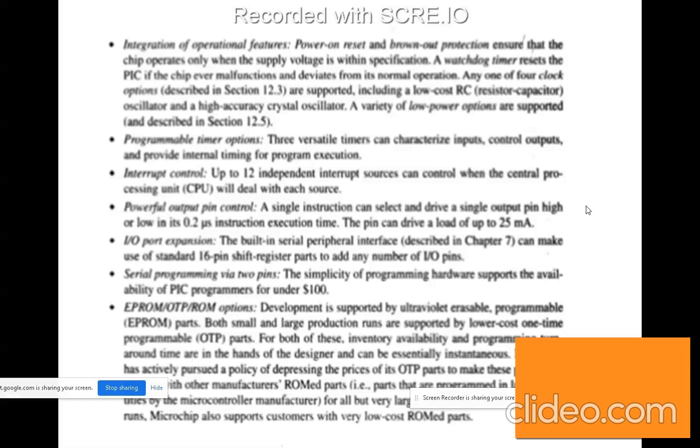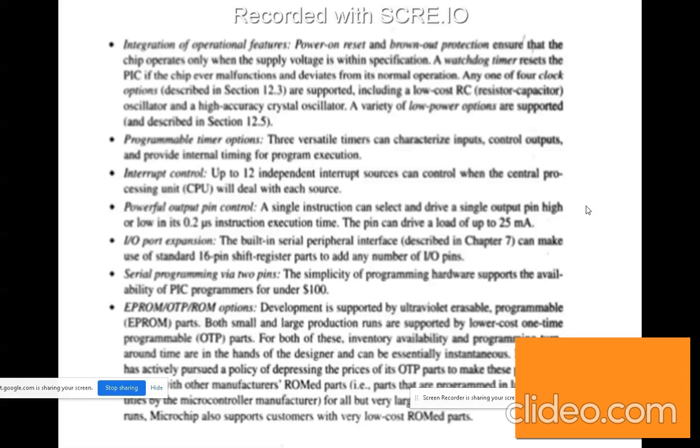So here we are going to use only one single instruction for providing your output. Okay, so it can be easily speeded up, you will get the output while you are executing the program within a microsecond, that is 0.2 microsecond. That's the meaning of powerful output pin control.